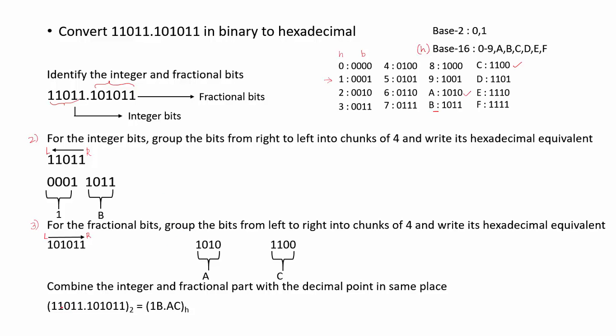The number in binary was 11011.101011, and for the integer part its hexadecimal equivalent was 1B followed by a decimal point or the radix point, and for the fractional part we had got AC. So this is 1B.AC in hexadecimal.